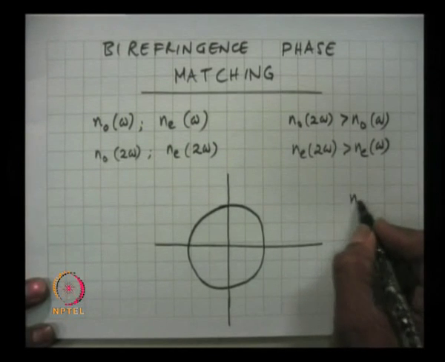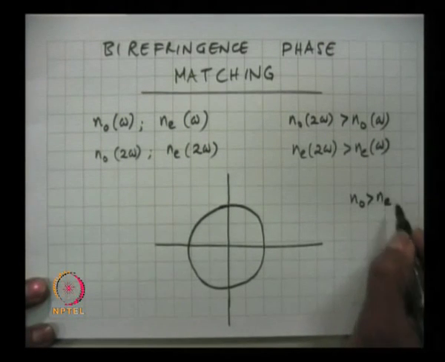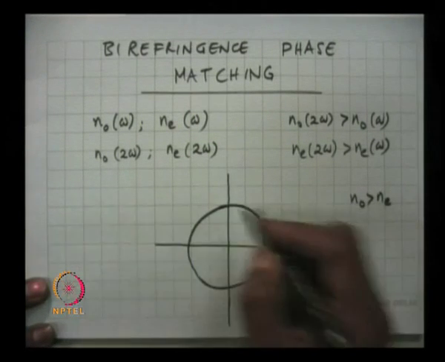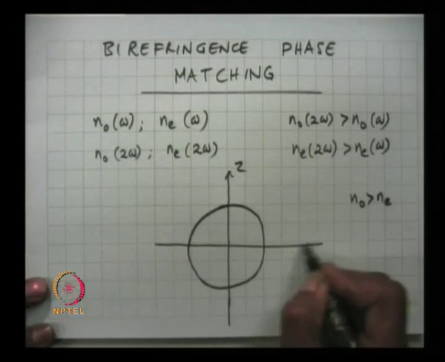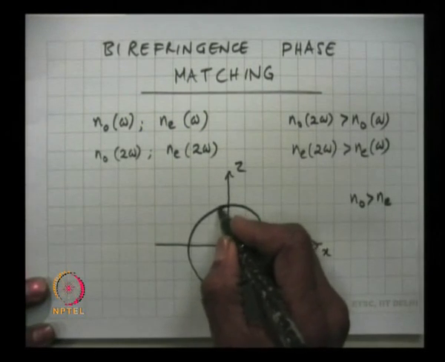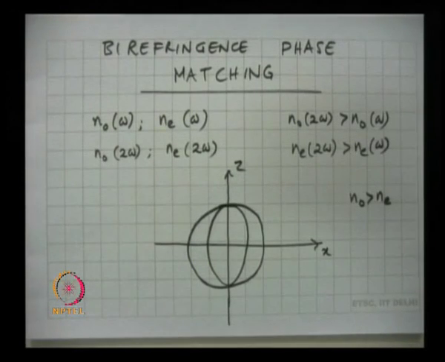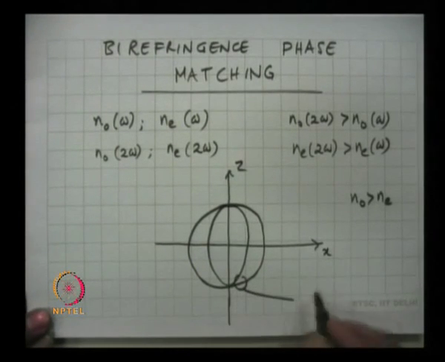If NO is greater than NE at one frequency, the ellipse will lie inside the circle, touching the circle at this point. So this is my z axis, this is x. These two are at frequency omega.